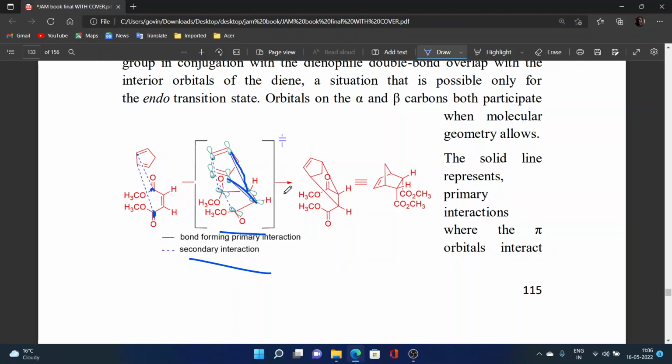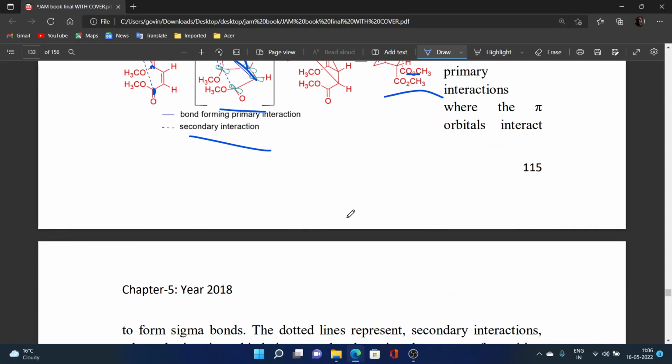Now if you look at what happens, this H and this H are outside, and this COOEt is inside, and therefore they are occupying the endo position, okay. So this is what leads to the formation of the thermodynamically less stable product.